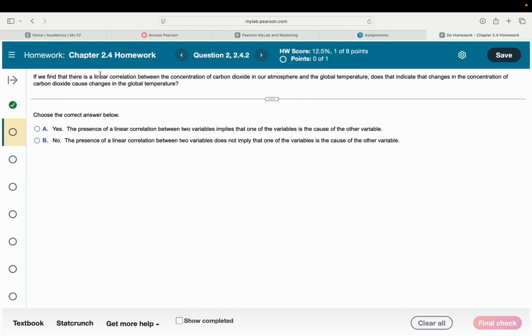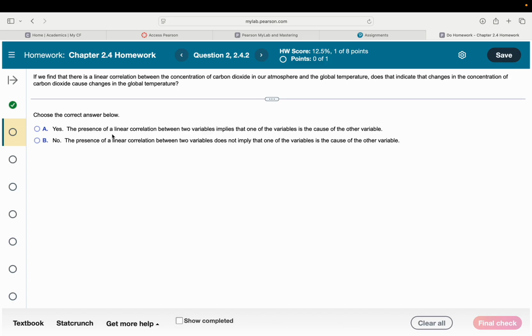Okay, if we find a linear correlation coefficient between carbon dioxide and atmosphere temperature, does that indicate that one causes the other? Now this one is honestly pretty loaded, because maybe this is dicey, but I think in today's modern age, we do know that carbon dioxide has some effect on the atmosphere. Hopefully that's not too spicy of a statement.